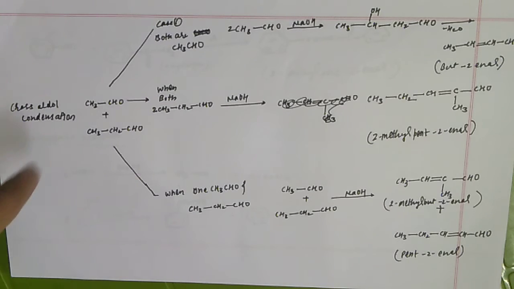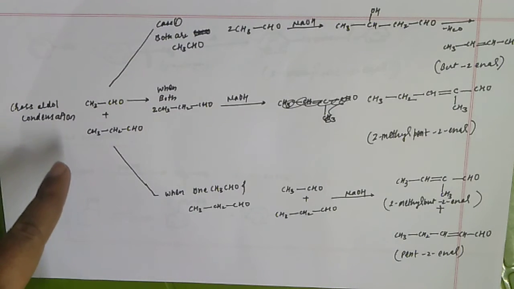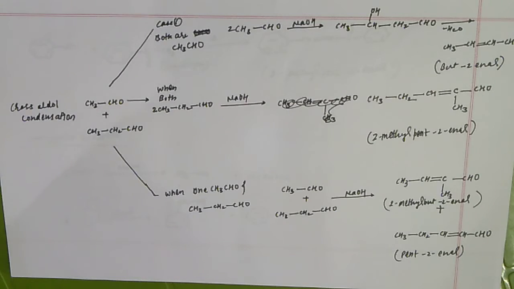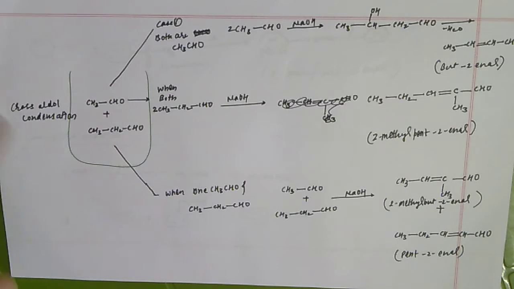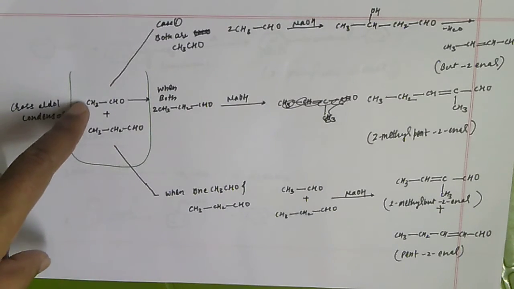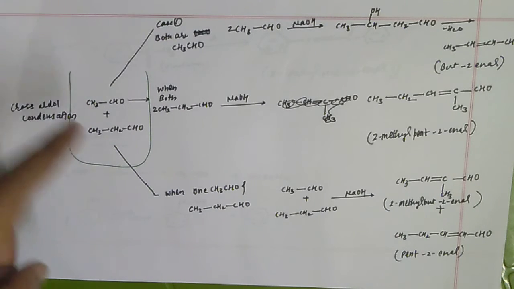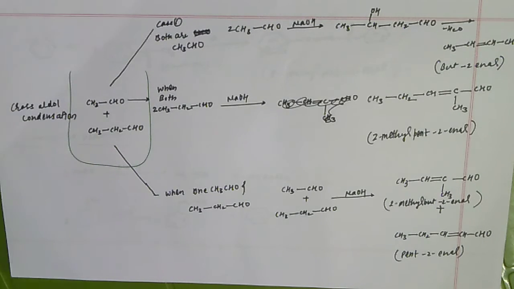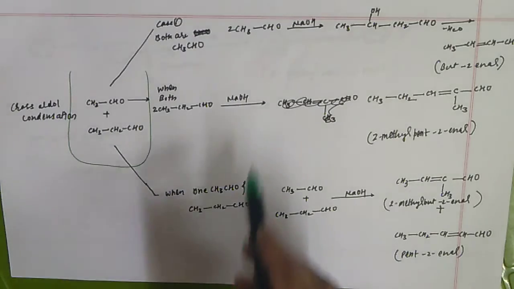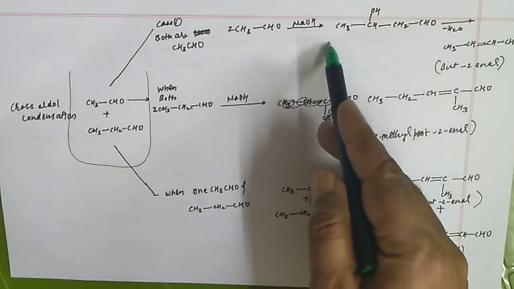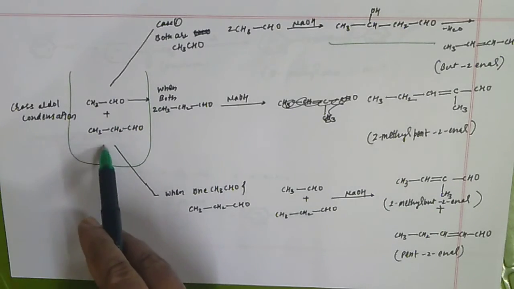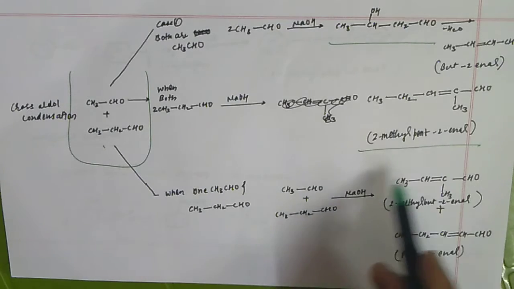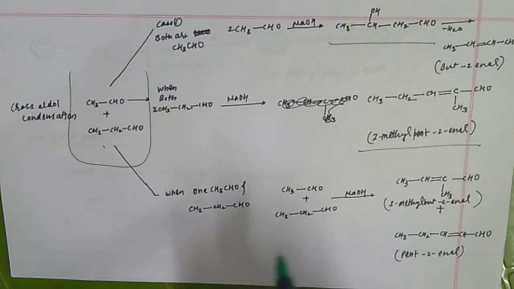Suppose you are taking ethanal and propanal. Because the sample has both ethanal and propanal, 3 cases are formed: either 2 ethanal combine, or 2 propanal combine, or 1 ethanal and 1 propanal combine. Suppose 2 ethanal combine, it will give the beta hydroxyaldehyde, and if 2 propanal combine, it will give 2-methylpent-2-enal.